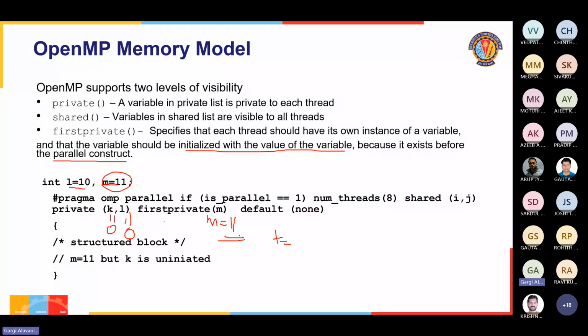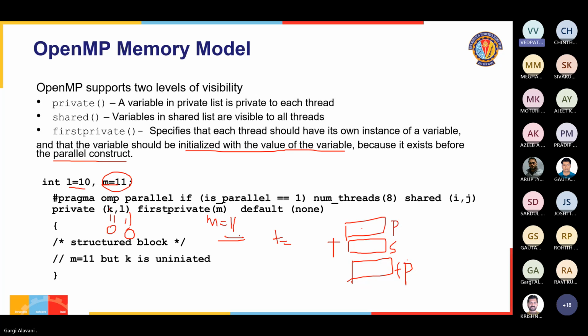Just to add up to ma'am's point, in this snippet, L is equal to 10 and M is equal to 11 before we enter the parallel block. In the parallel block, K and L are private variables, so every thread will get its own copy of K and L. First private M, again, every thread will get a copy of M as well.